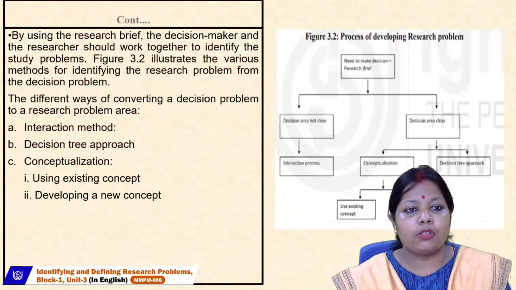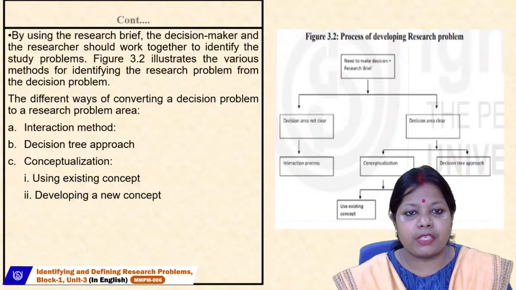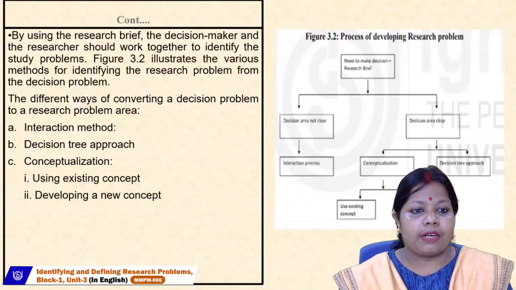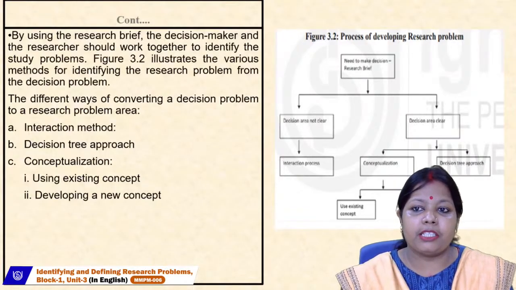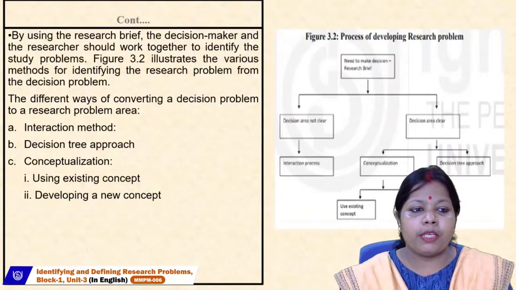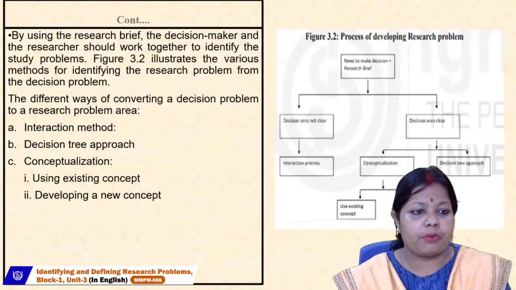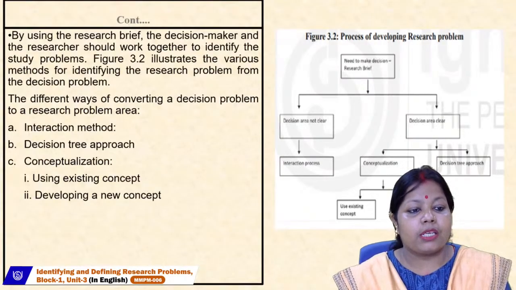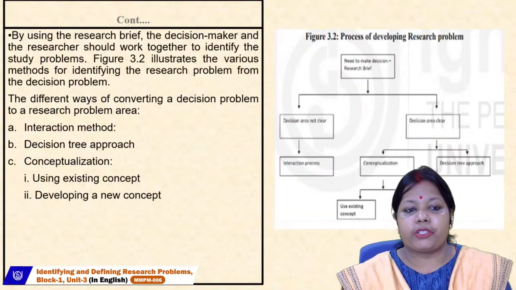And in 3.2 we have illustrated the various methods for identifying the research problem from the decision problem. The different ways of converting the decision problem into a research problem are the interaction method, the decision tree approach, and third, conceptualization.